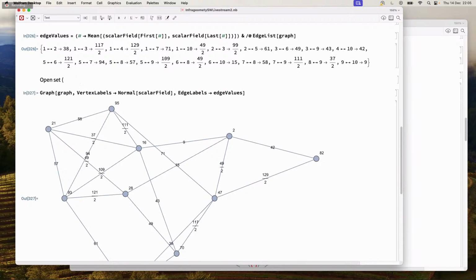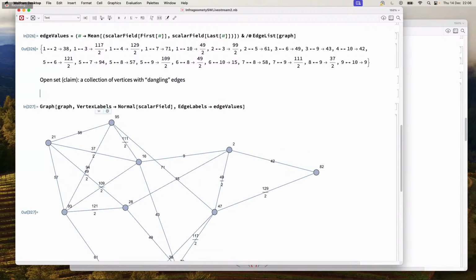Open set claim: a collection of vertices with dangling edges. A closed set is a collection of vertices with no dangling edges.